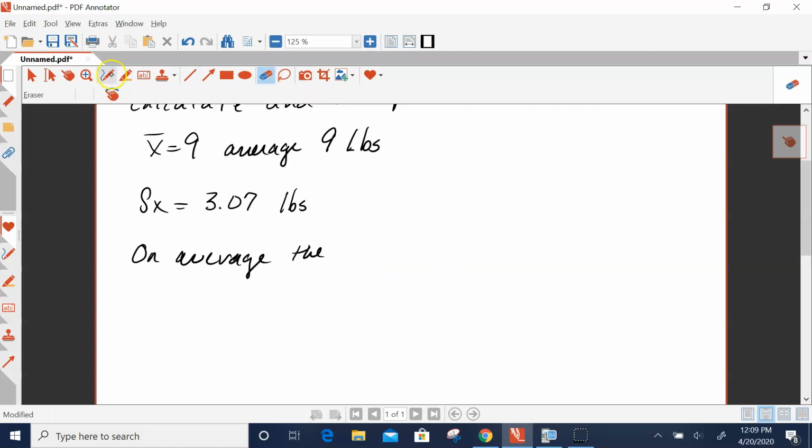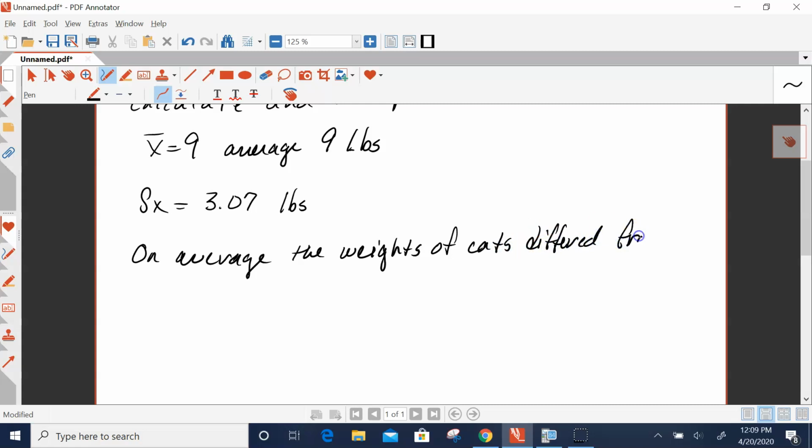On average, the weights of cats differed from the mean by 3.07 pounds.